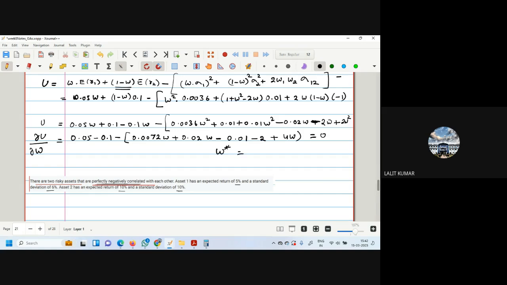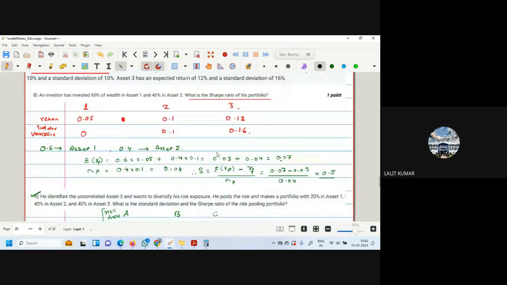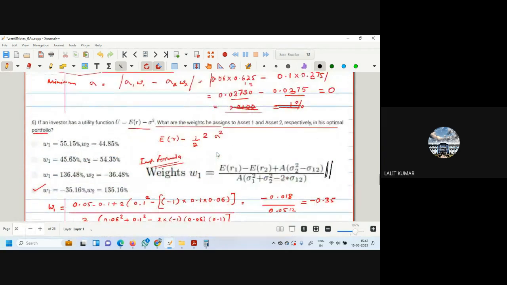Is this okay? This way we don't have to remember the complicated formulas. Yes, got it. Thank you.